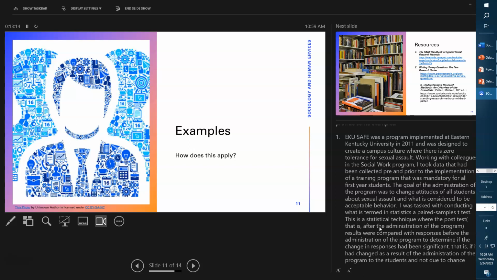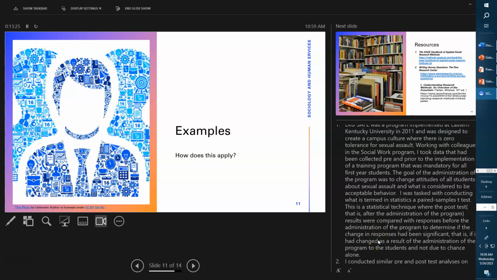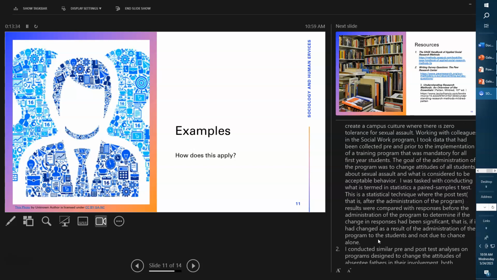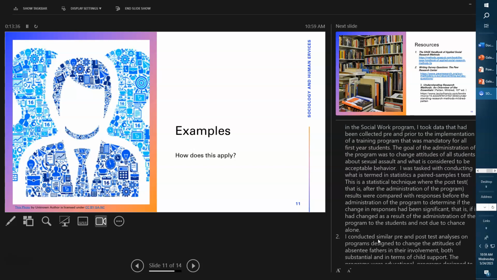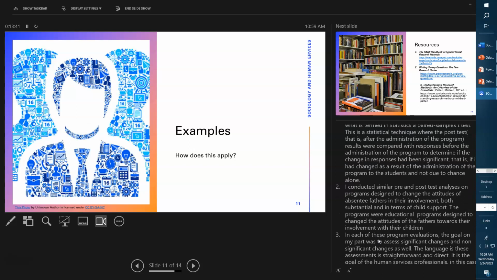I was tasked with conducting this statistical technique where the post-test, that is after the administration of the program, results were compared with responses before the administration of the program to determine if the change in responses had been significant. That is, if it had changed as a result of the administration of the program to the students and not due to chance alone.